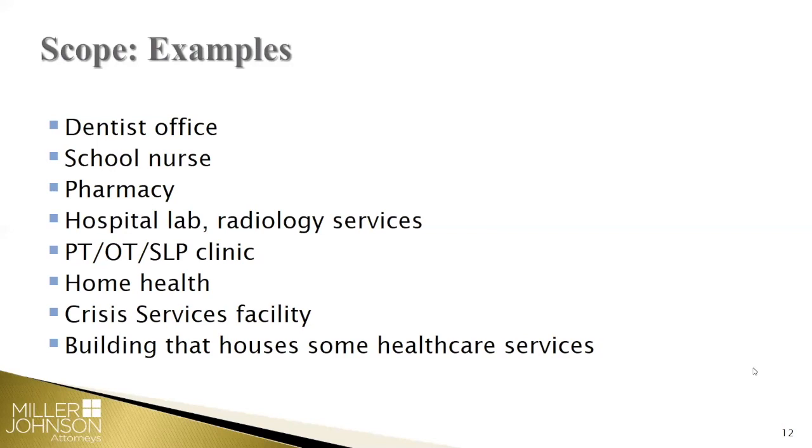Okay, so again, if we think about maybe a building within a larger healthcare organization setting, and within that building on the bottom floor, it's a doctor's office providing healthcare services to patients coming in and out. But on the third and fourth floor, we have the billing department and the human resources department, okay?